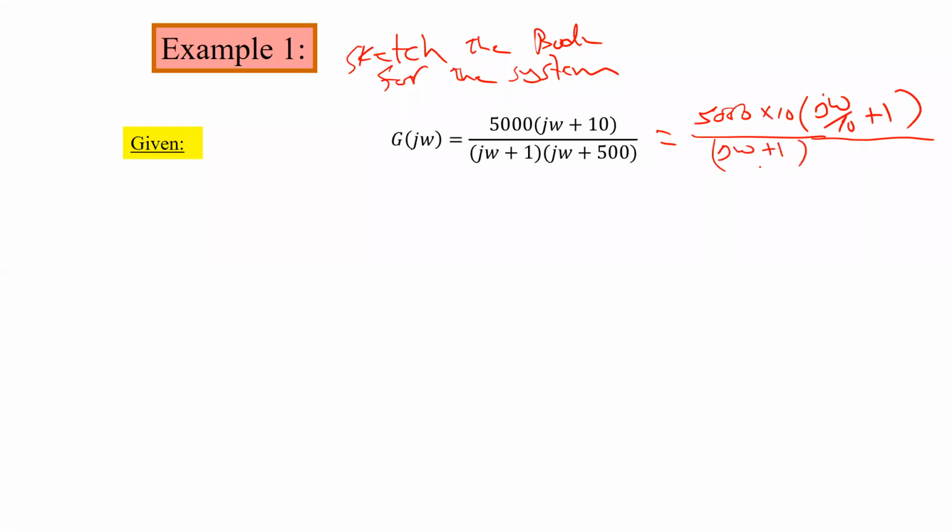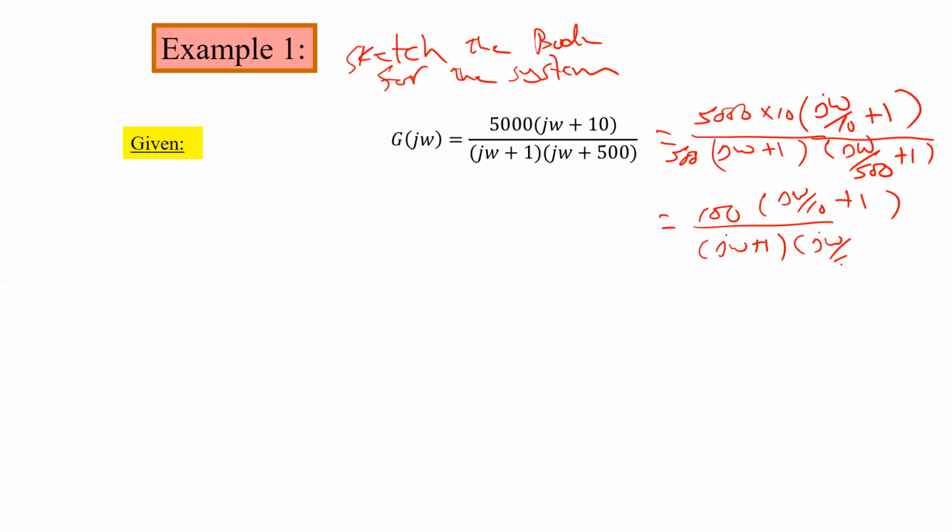It's already in the given format. The other one is going to be j omega over 500 plus 1, and this is going to be 500. So if you simplify it, it's going to be 100 times (j omega over 10 plus 1), over (j omega plus 1) and (j omega over 500 plus 1).